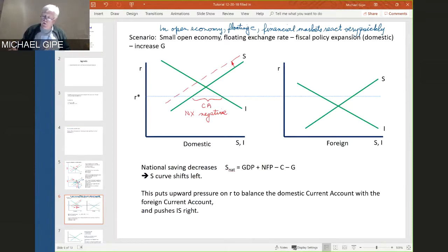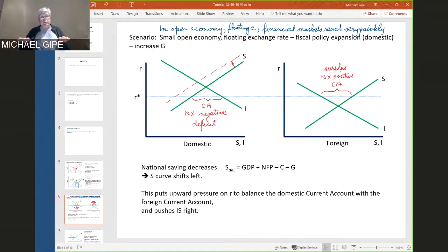And that is balanced out perfectly by the current account of the foreign economy, where the net exports are positive. So we call this a current account surplus, and on the domestic side, we call it a deficit.